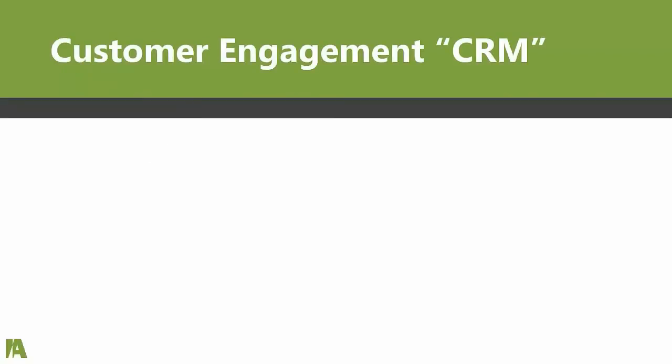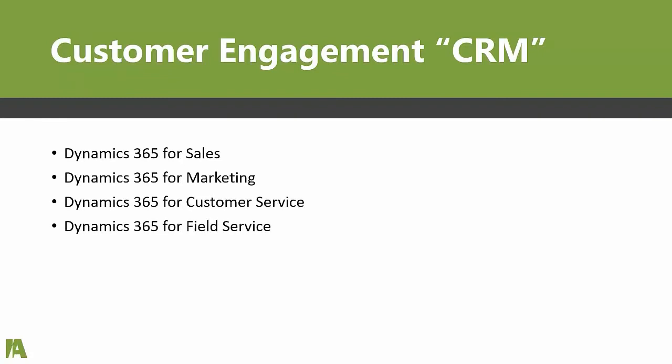So let's just do a quick overview of customer engagement. And I wanted to start just sort of defining what all that meant. So Microsoft recently coined this term, and it's essentially taken its place of the old Dynamics CRM. So it's going to be sales, marketing, customer service, field service, and project service automation, the 5 applications or the 5 areas that are sort of involved in the customer engagement.